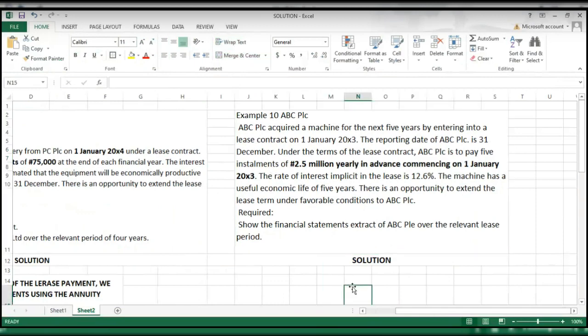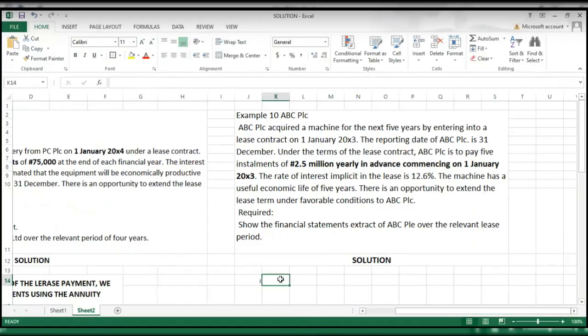So the first thing we must do, Roman figure 1, is to calculate the present value of the lease payment.